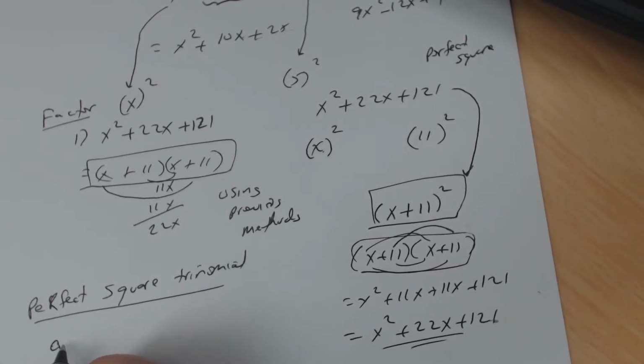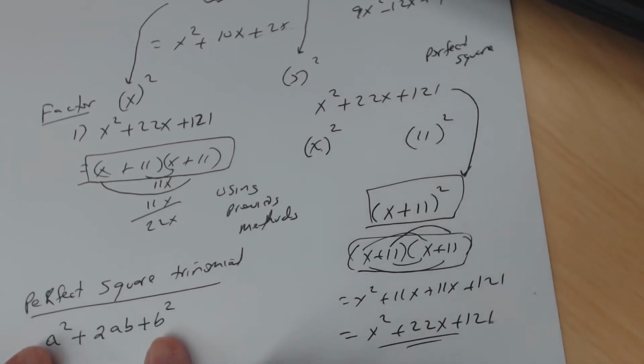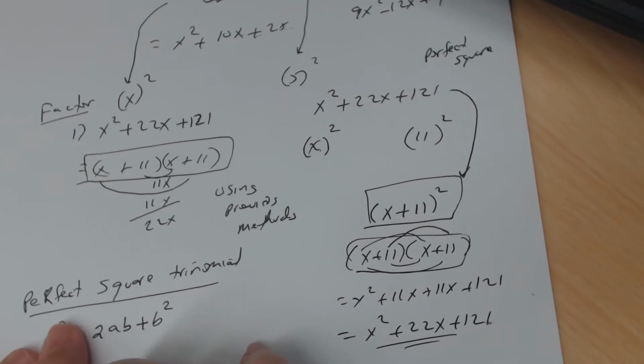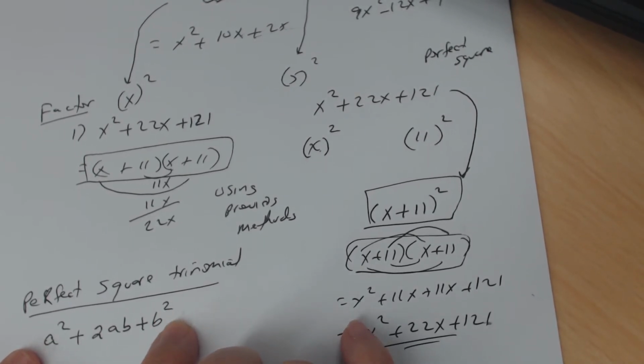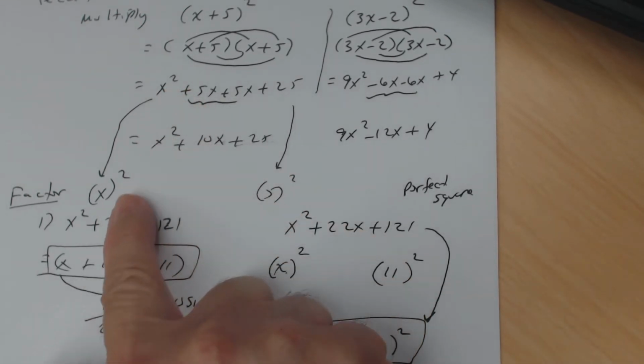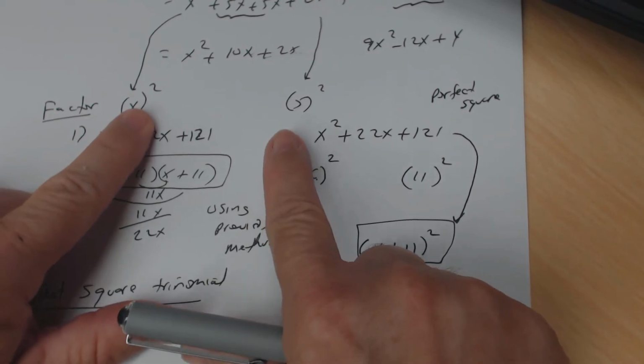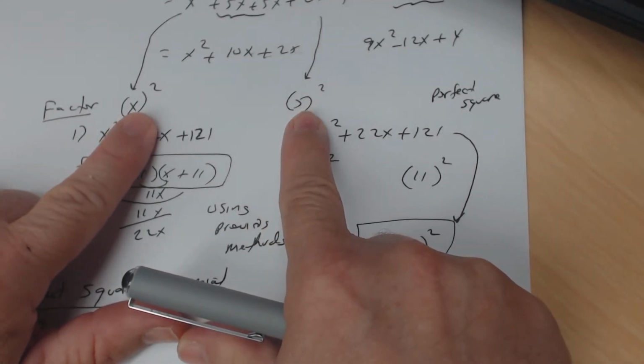So it'll look like a squared plus 2ab plus b squared. So the first term is going to be something squared. The last term is going to be something squared. See how I wrote 25 as 5 squared? And you see how I wrote x squared as x squared? That's your a squared and your b squared.